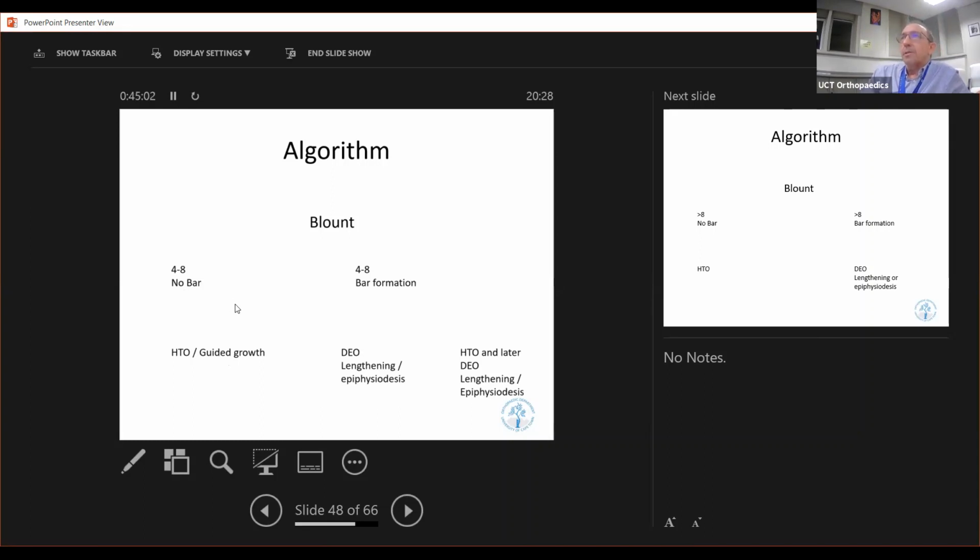What about bar formation? Now we really are in a tricky zone, because if you already have a physeal bar and you're thinking about doing some form of correction, you need to be aware that you have this ongoing tether to medial growth, and that the chance of recurrence is very high unless you complete the epiphysiodesis laterally.